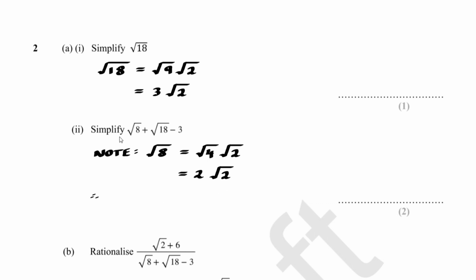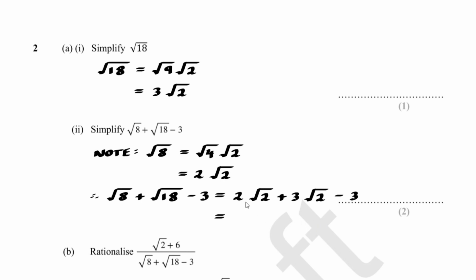And therefore, to simplify the result of root 8 plus root 18 subtract 3, well, we have root 8, which is 2 root 2. We add on to this root 18, which is 3 root 2, and then we subtract 3. 2 root 2 plus 3 root 2, that's 5 root 2. We then subtract the 3, and therefore root 8 plus root 18 subtract 3 is equal to 5 root 2 subtract 3.